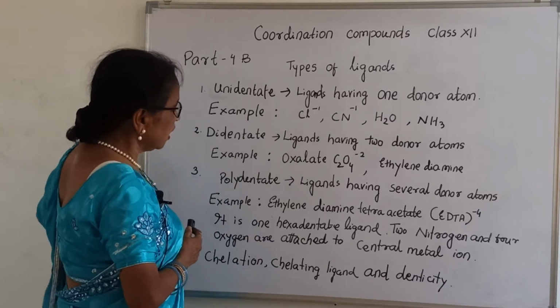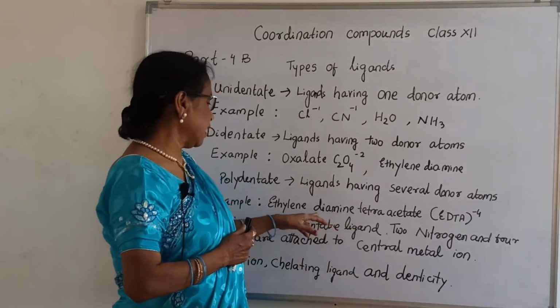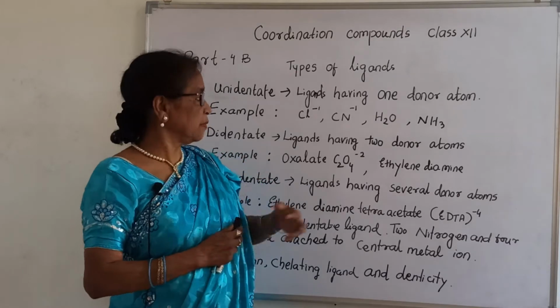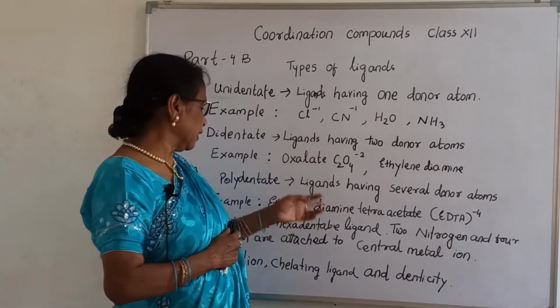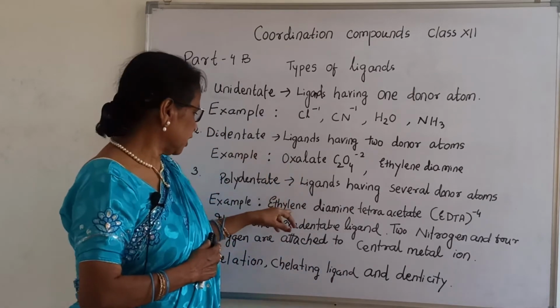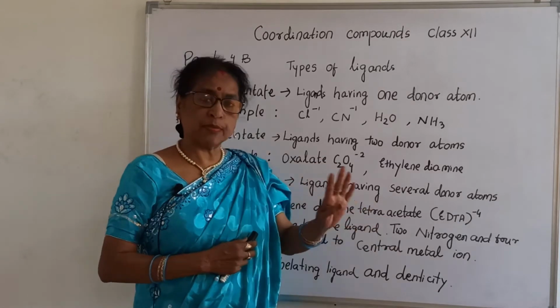Examples: ethylene diamine, and here ethylene diamine tetraacetate. Ethylene diamine only is a didentate ligand. But for ethylene diamine tetraacetate, from the name you can see diamine, 2 amine, tetraacetate, 4 acetate.